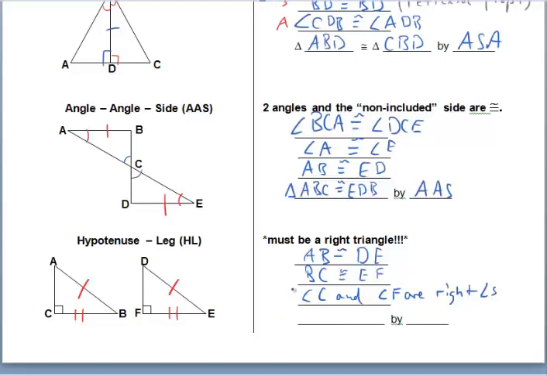So therefore I can say these two triangles are congruent. So triangle ABC is congruent to triangle DEF by HL. Now, here's your kicker.